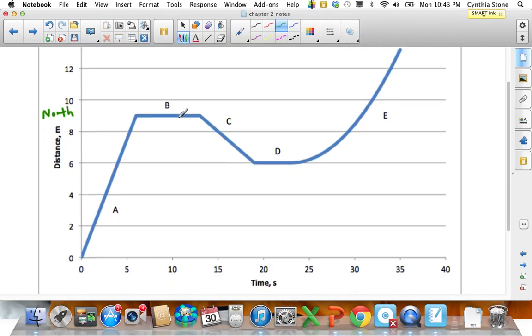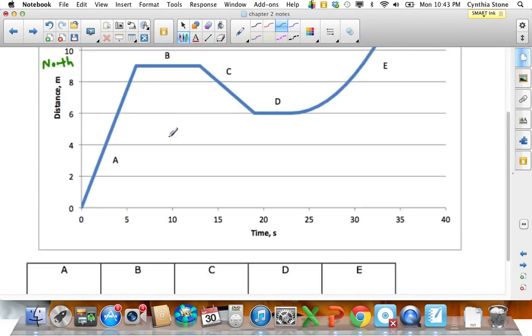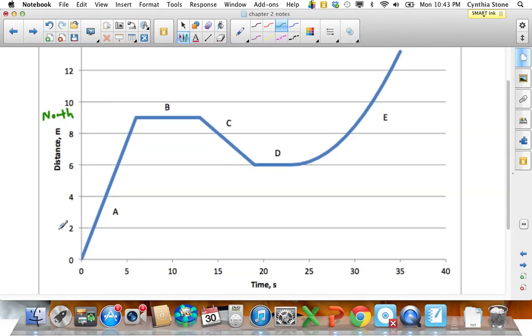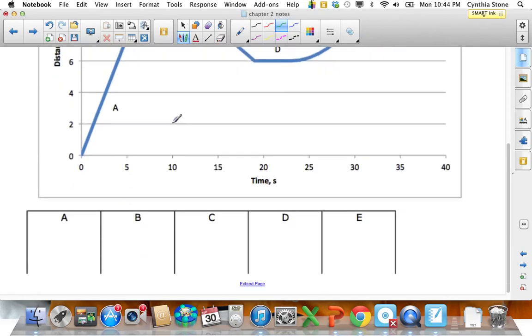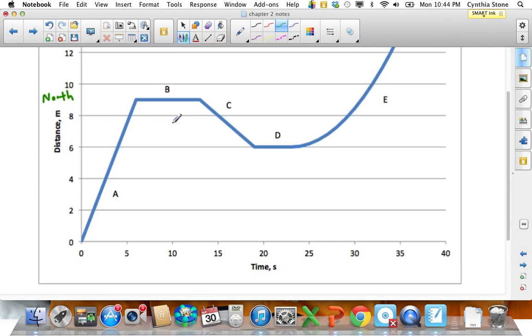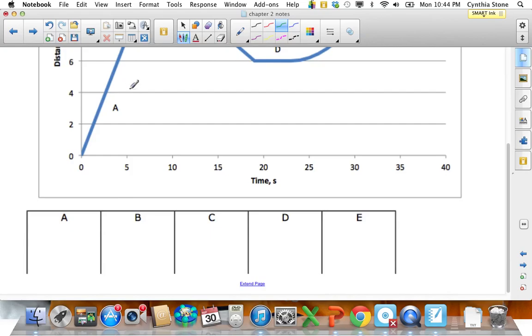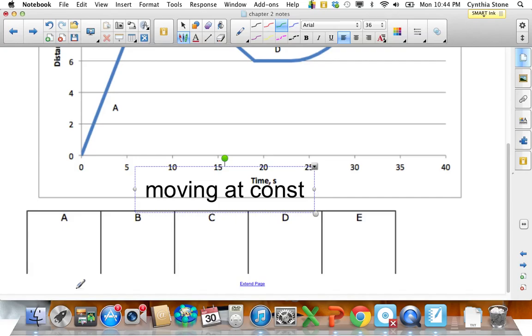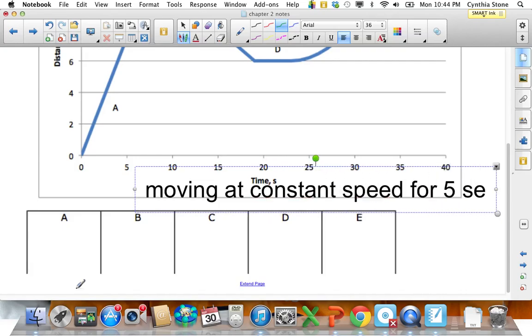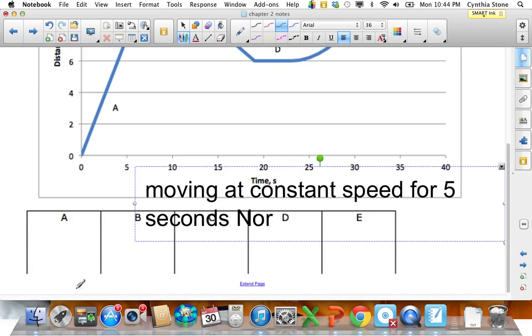In this space here, we're going to write down what's happening in section A. I'm just going to tell you first, and then I'll let you see as we go through the rest of the note how that works. So in section A, what I see, straight line means constant speed. So section A is moving at constant speed for 5 seconds and moving north.